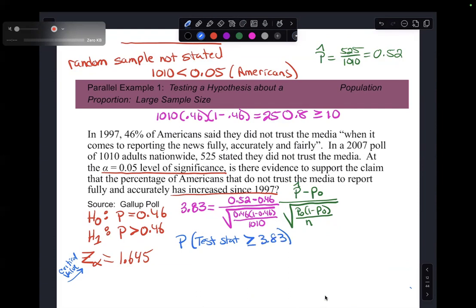This is what I'm looking for. Or I'm looking for the probability that I would get a z-score greater than 3.83, given that I have this right here. Or given that this is my test, actually, yeah. So, or I'm going to back up on this.